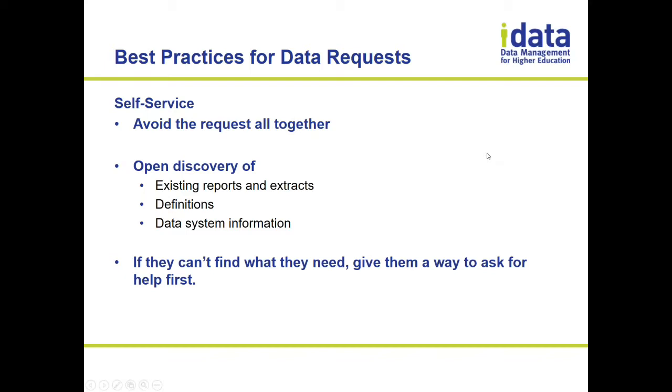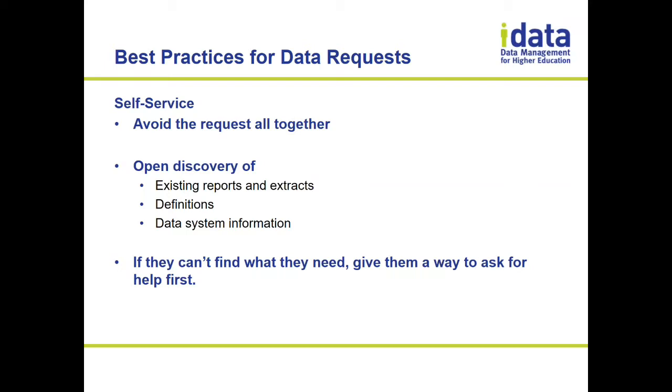If they can't find what they need, give them some way to ask for help first. This actually came out of our Data Cookbook customers; they asked for this. We would have as our first step the submitting of a request. Well, they could search, right? They could do this sort of self-service stuff, but if they didn't find what they needed, then they would submit a request, and we now had a deliverable request.